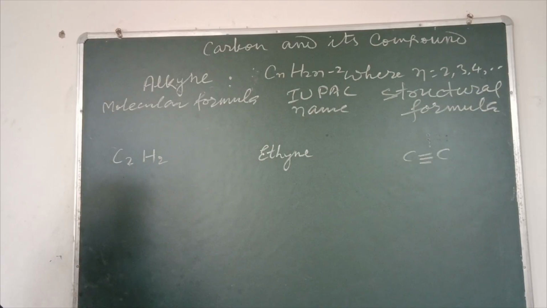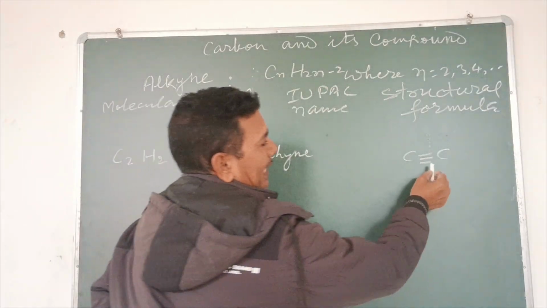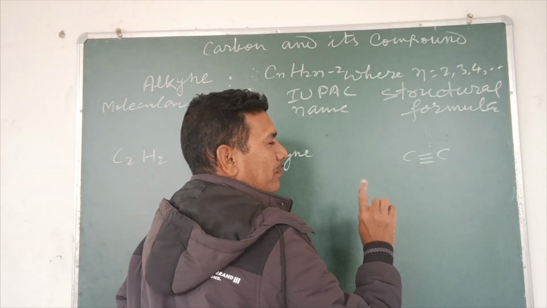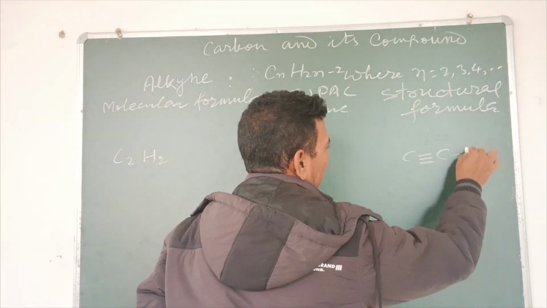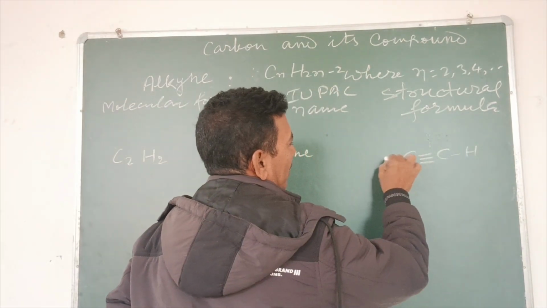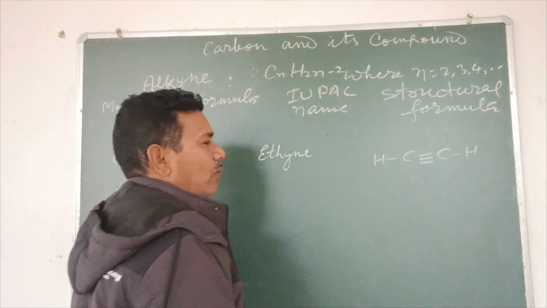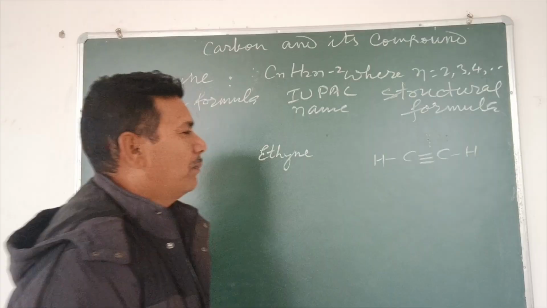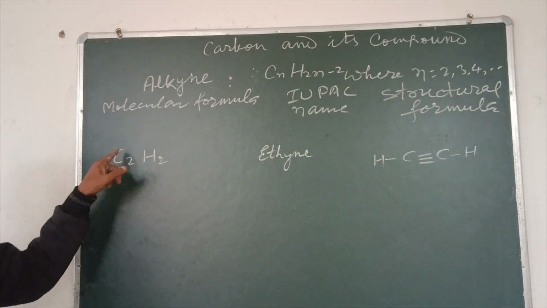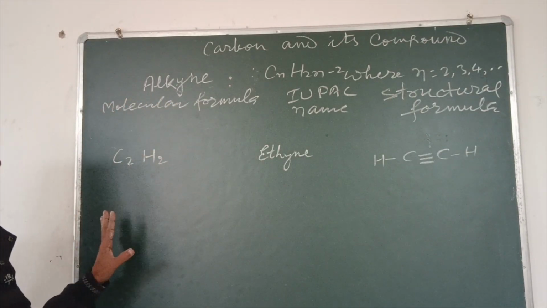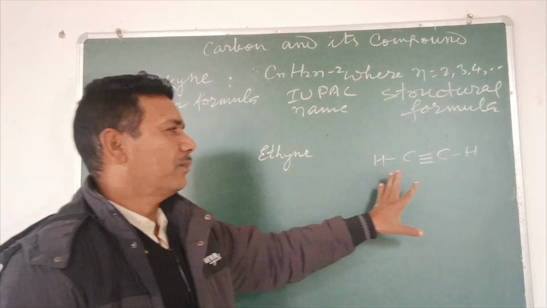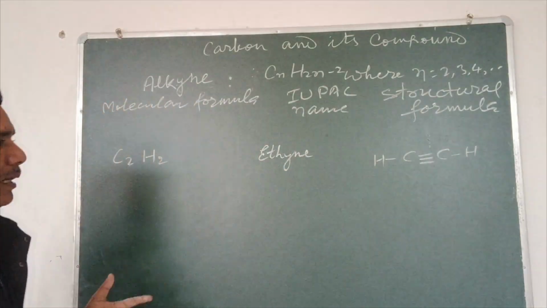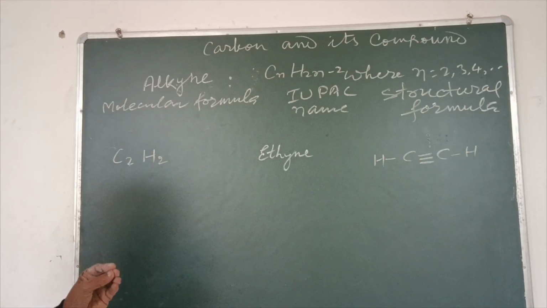Here, as carbon has completed 3 bonds, it must complete 4. So for this we will add 1 hydrogen, and for this one as well we will add 1 hydrogen. If we compare the number of carbon atoms and hydrogen atoms here with the molecular formula C2H2, we will find that the numbers of atoms are the same in this structure, and all the atoms have completed their relevant bonds.